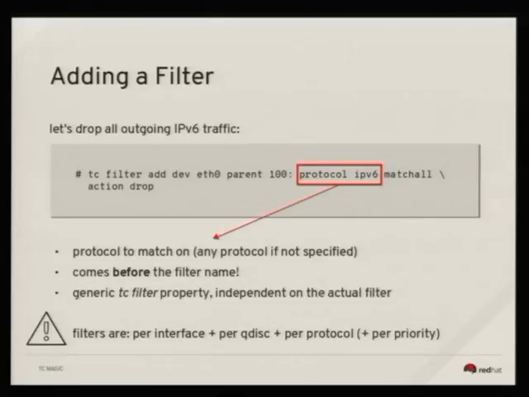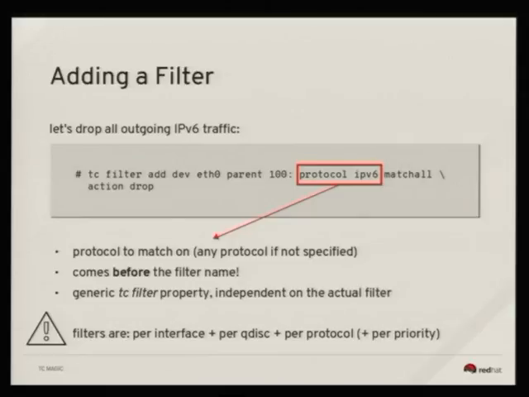The reason is this part. Notice one important thing. This is specified before the filter name. That's because this is not a property of the filter itself. This is more a thing that is built in, or a property of the TC filter framework.